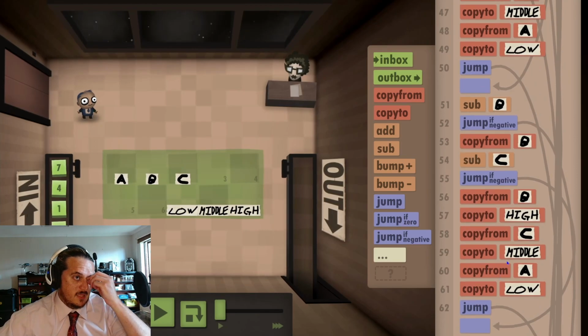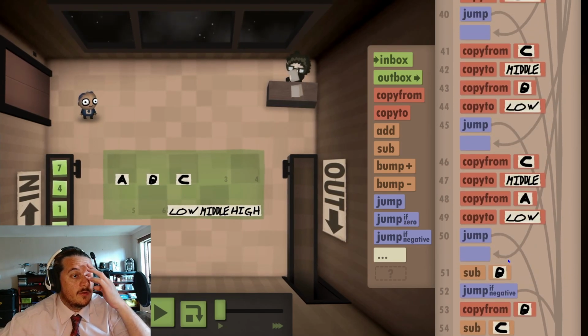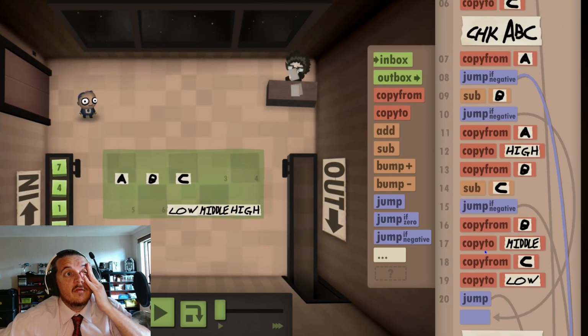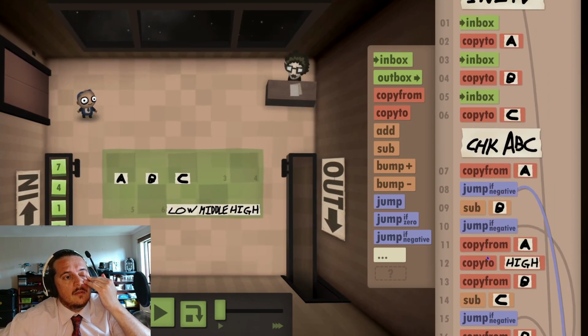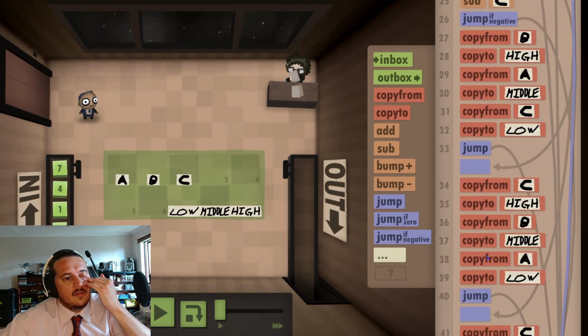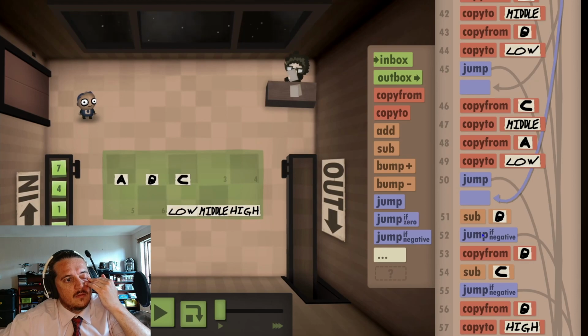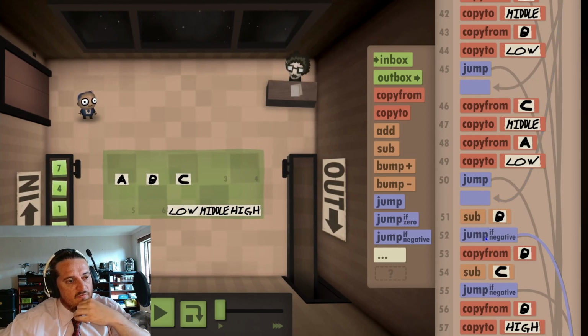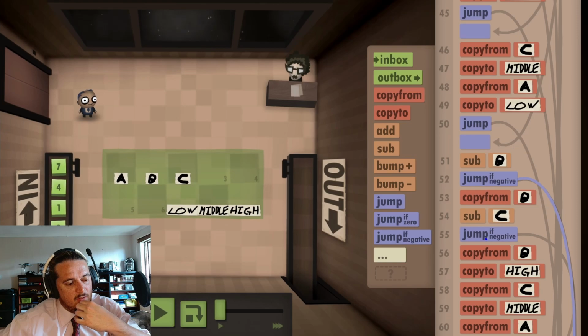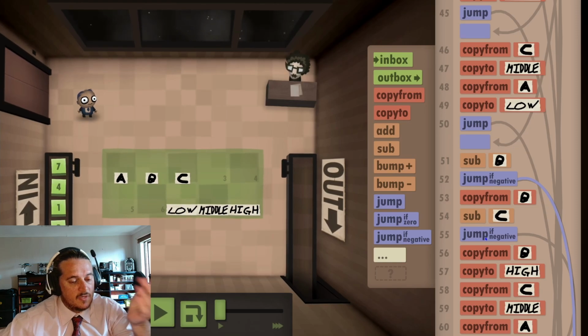So that covers that. Then we got to do another check. That's if A is negative, A minus B negative, then B is higher. So negative minus negative, also negative.